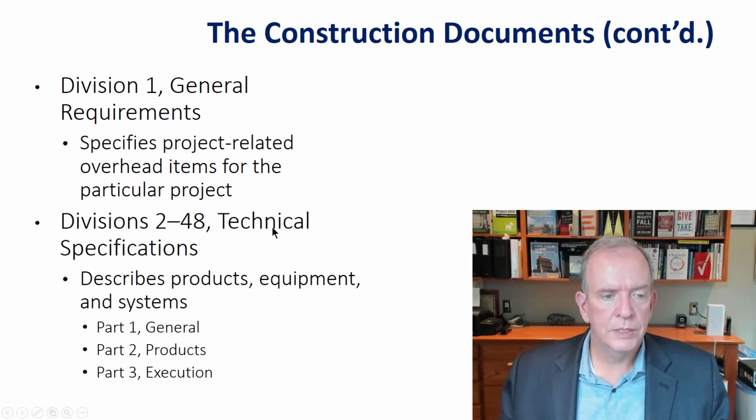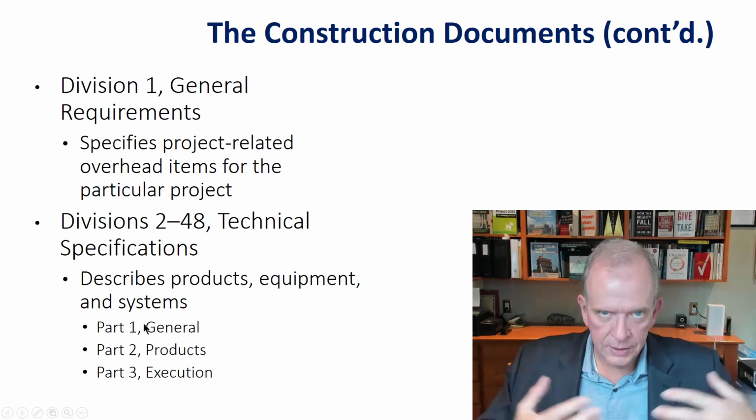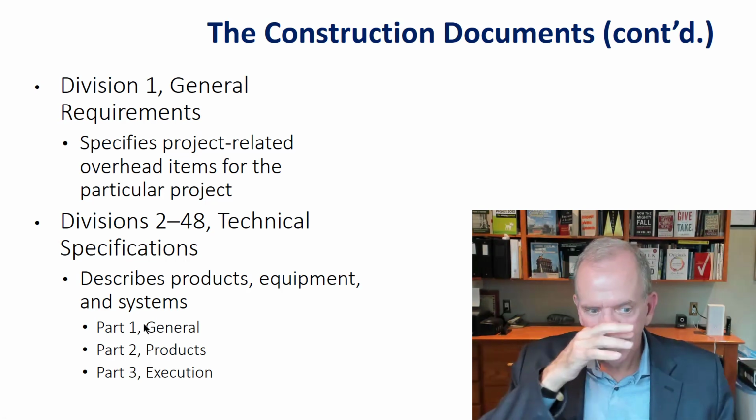And in Divisions 2 to 14, we get into the technical stuff. And each section will also break things down into three areas: general, products, and execution. So general is kind of outlining what it is that's being discussed here.